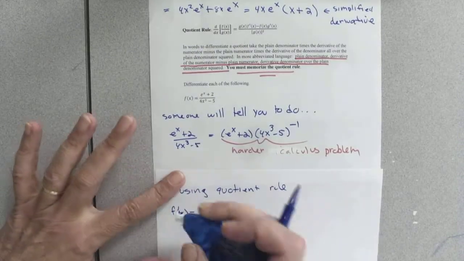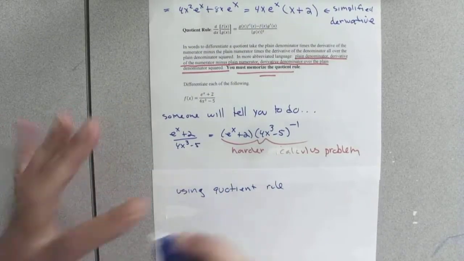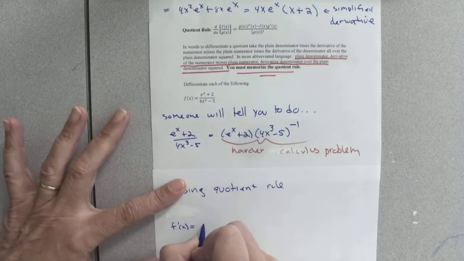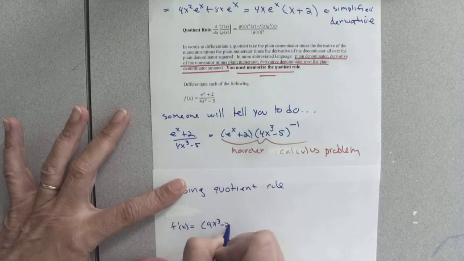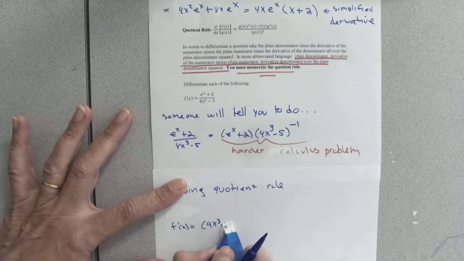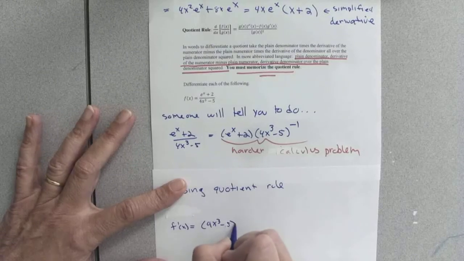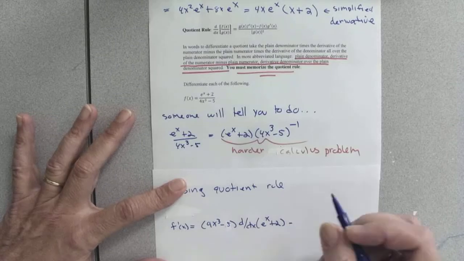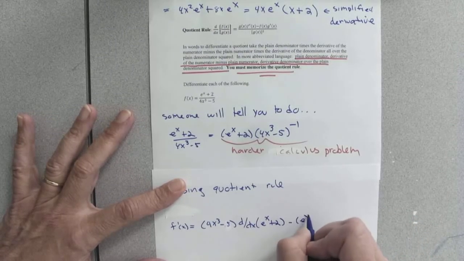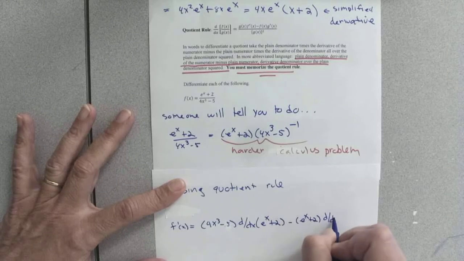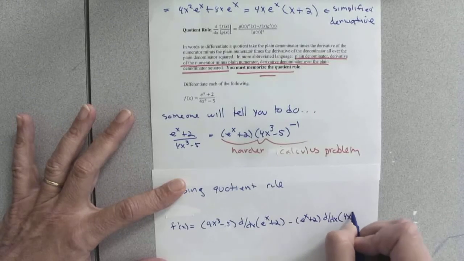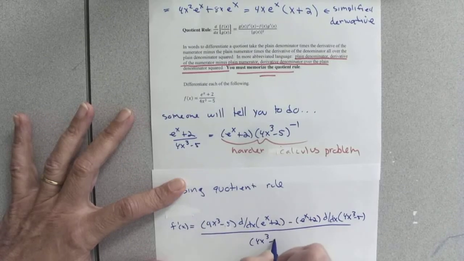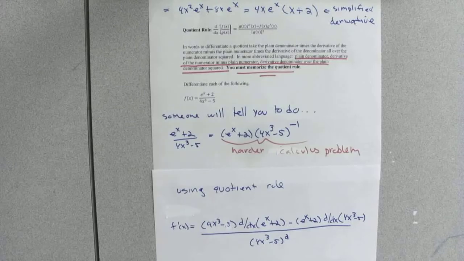Plain denominator, 4x cubed minus 5, not 2. Derivative of the numerator, minus plain numerator, derivative of the denominator, all over the plain denominator squared.